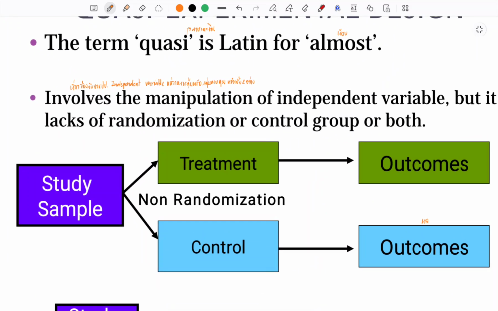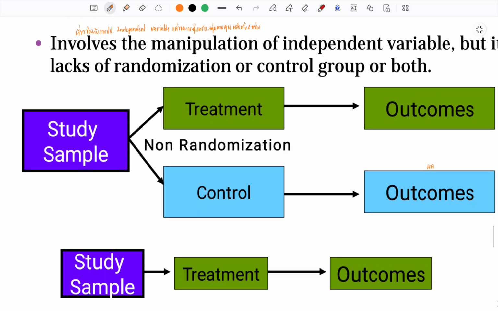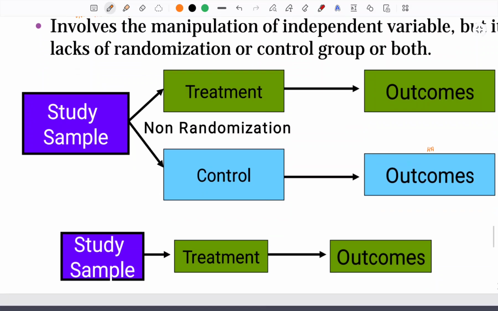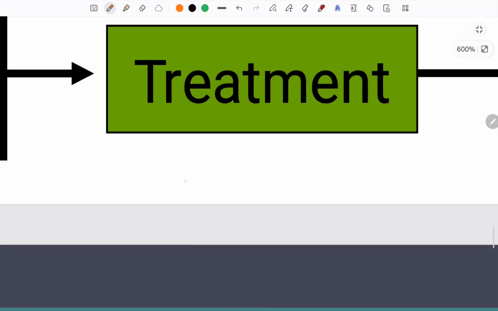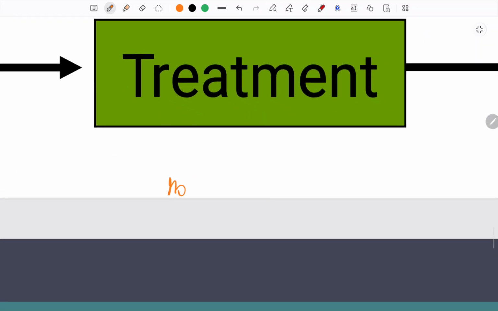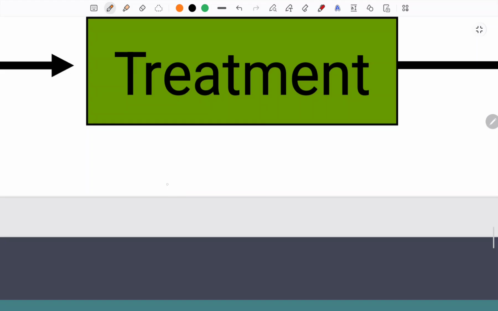For example, if your study design lacks randomization, we call it a quasi-experimental study. If it lacks a control group, we also call it quasi-experimental. And if you don't have any control or randomization, we can also call it a quasi-experimental study design.